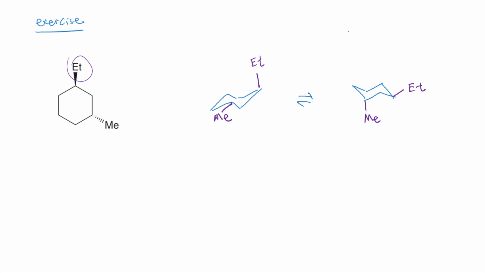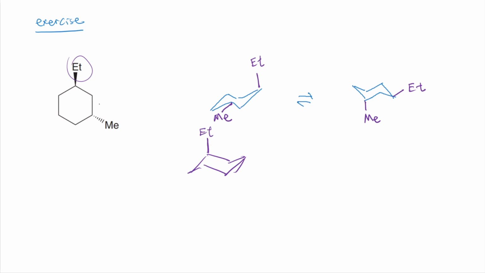Yes. I didn't know where to put it on that one. What I was trying to get at is why can't you put the ethyl group... Actually, it does not matter if you put it in here.